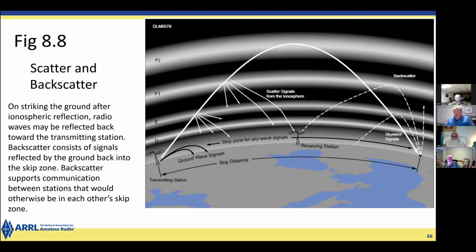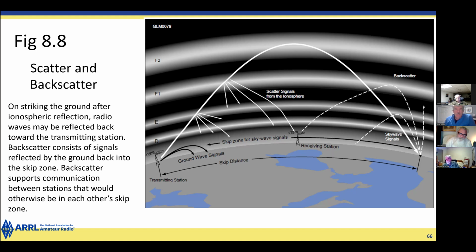So this illustrates these. If you look at the transmitting station on the left, you can see that ground wave signals reach out a certain distance, and skywave signals come back to Earth at a much longer distance. But in the near part of the skip zone, sometimes the ionospheric layers will scatter signals strongly enough that they come back down to Earth in the normal skip zone.